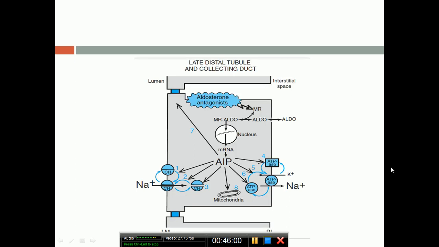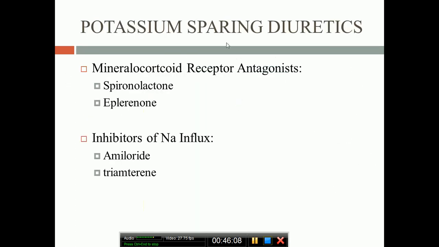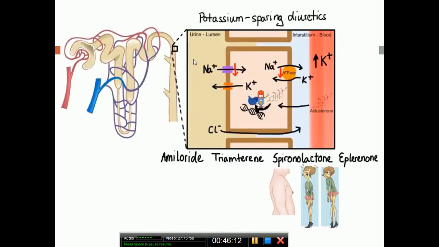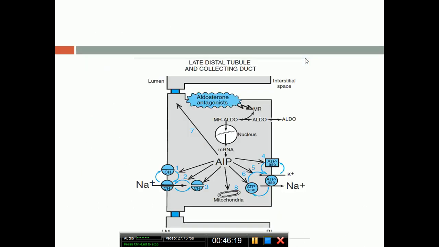So what happens when we give our drug, that is potassium sparing? In potassium sparing diuretic, which sort of drug do we give? We give spironolactone or eplerenone. Eplerenone and spironolactone block this receptor.